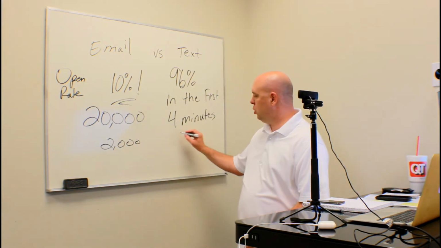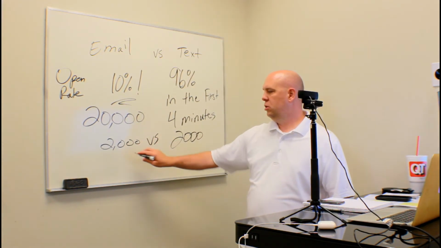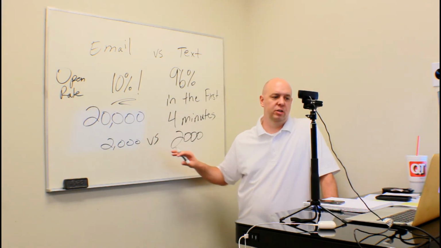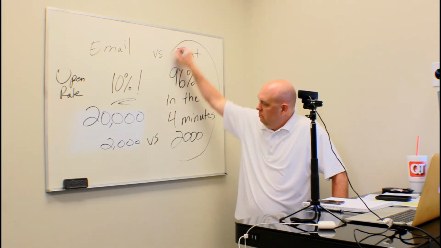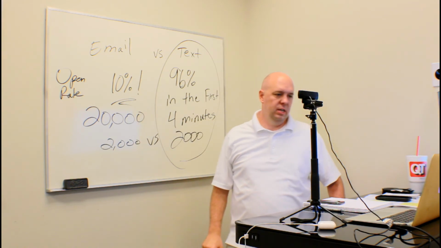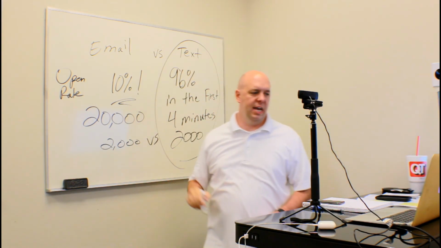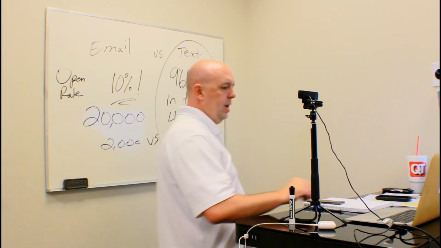So if you have 2,000 people on your text message list versus 20,000 people on your email list, who do you think is going to have a better chance of seeing your message? This is going to be gold right here. This is gold, the text message list. So, all right, any questions?